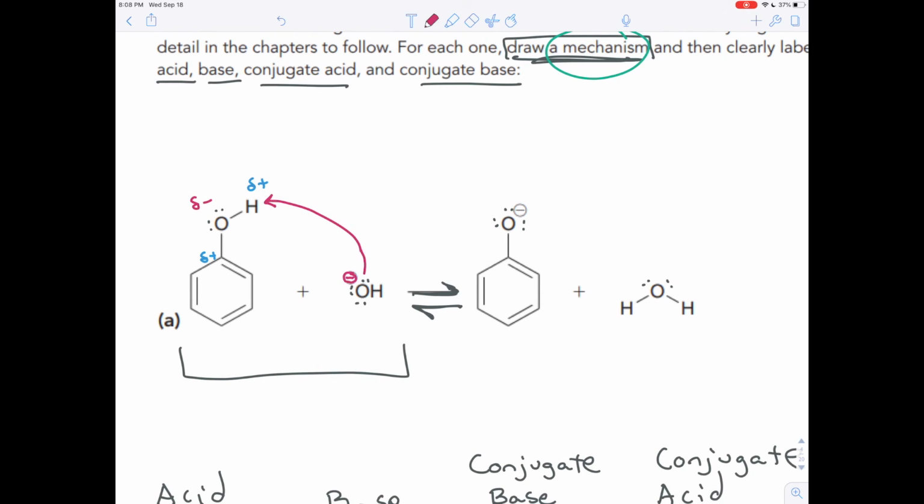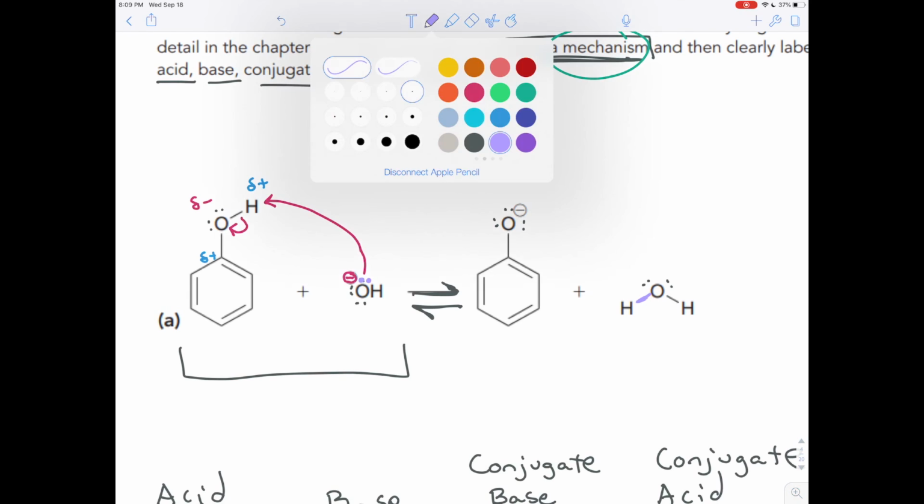Hydrogen can only form 1 bond, so if it's going to form a new bond there, the bond that it already has, those electrons have to go away. The bond has to break, and the electrons just go onto the oxygen. They were already spending most of their time there anyway. That's what gave rise to those charges. And so, if you notice, this lone pair becomes the bond between the oxygen and the hydrogen on the other side.